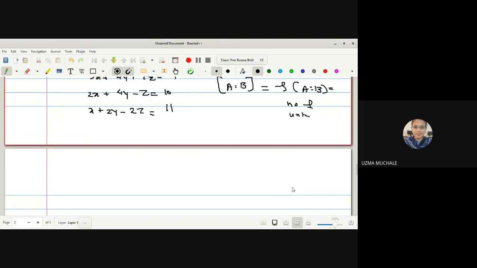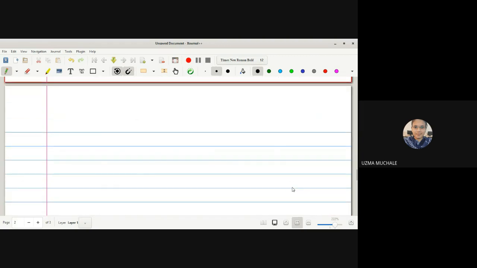Okay. So what we were discussing was the equation of a plane. To find the equation of a plane, again we need two things. The first one is a point on the plane.